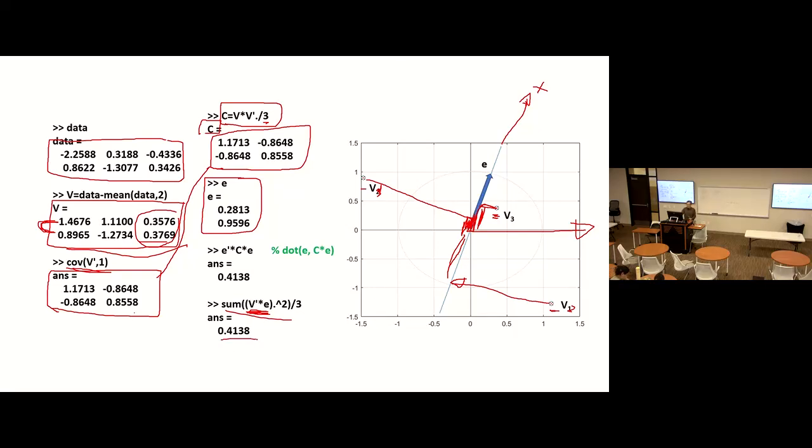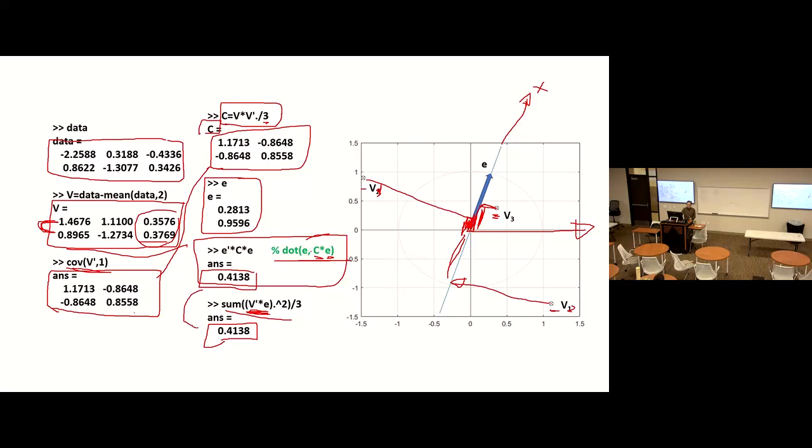So you get a number, 0.4138, after you do this. However, you can also compute it in this way. You can compute the dot product between the covariance matrix multiplied by E. So E is this vector, and the dot product again onto E. And you get the same number.